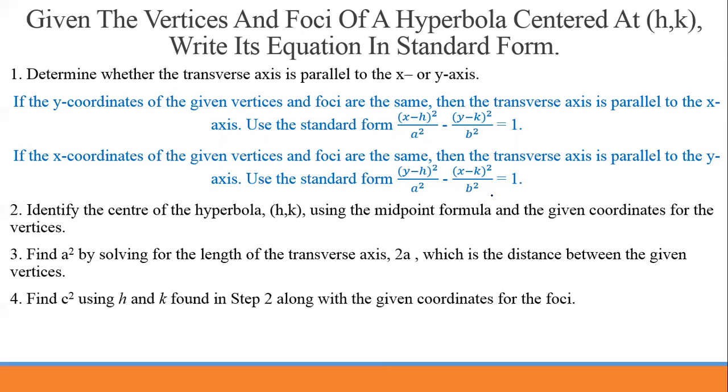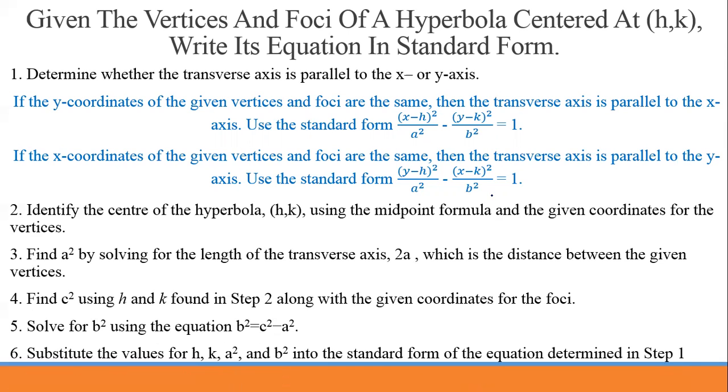Fourth, find c squared using h and k found in step 2, along with the given coordinates for the foci. Fifth, solve for b squared using the equation b squared equals c squared minus a squared. Lastly, substitute the values for h, k, a squared, and b squared into the standard form of the equation determined in step 1.